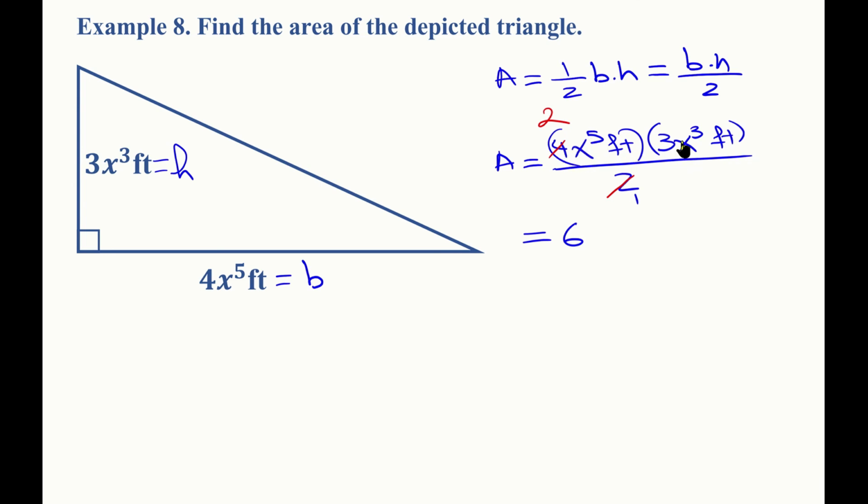So we keep the base, add the exponents, so we get x to the 8, and then notice foot times foot turns into foot squared, which makes sense because, as we know, areas have square units, and you can see it works out here as well. You always have to make sure your units work out. If the units don't work out, there's something wrong with the formula. All right, and that should do it.